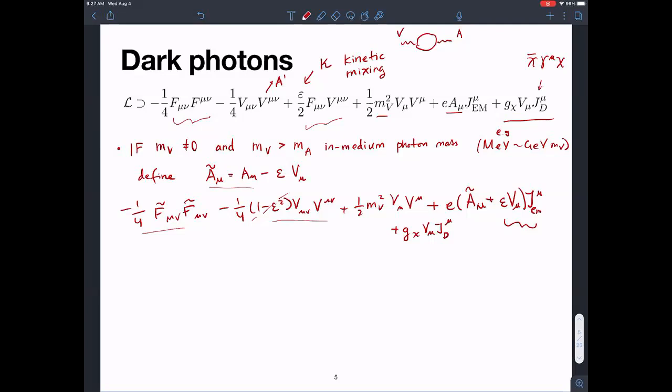So then, what was the motivation for this change of variable? Yeah, so the reason I am introducing this change of variables is that this kinetic mixing coupling can be a little bit confusing to deal with.